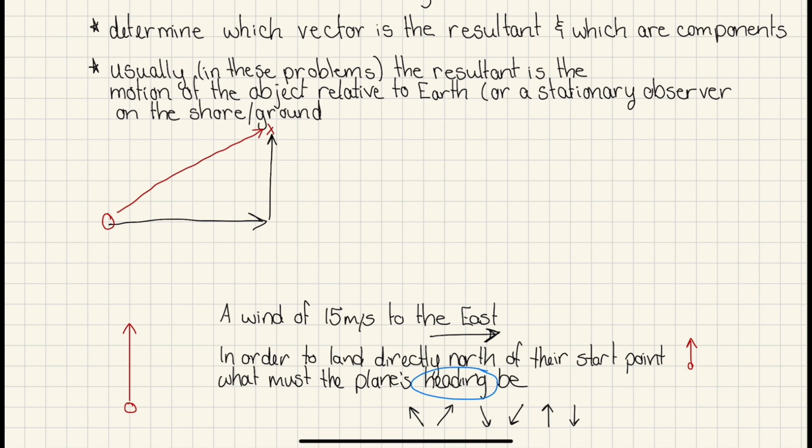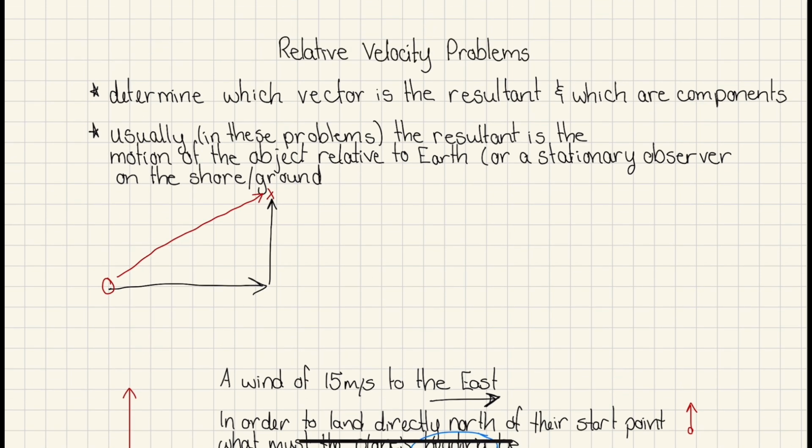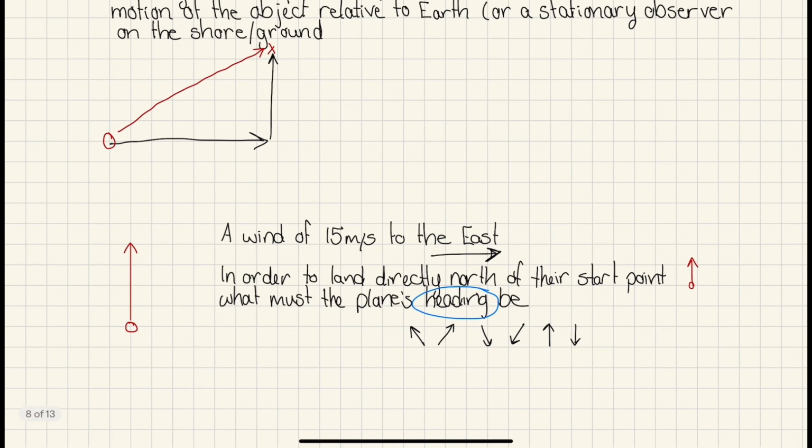So the way to determine this is I will take my resultant, since this is what I know I need. I've already done it. There's my resultant. And now I'm going to look at the components. So one of my components is going to be this east wind. So if I draw this east arrow, just so I can grab it, make it a little bit easier to show you this part.